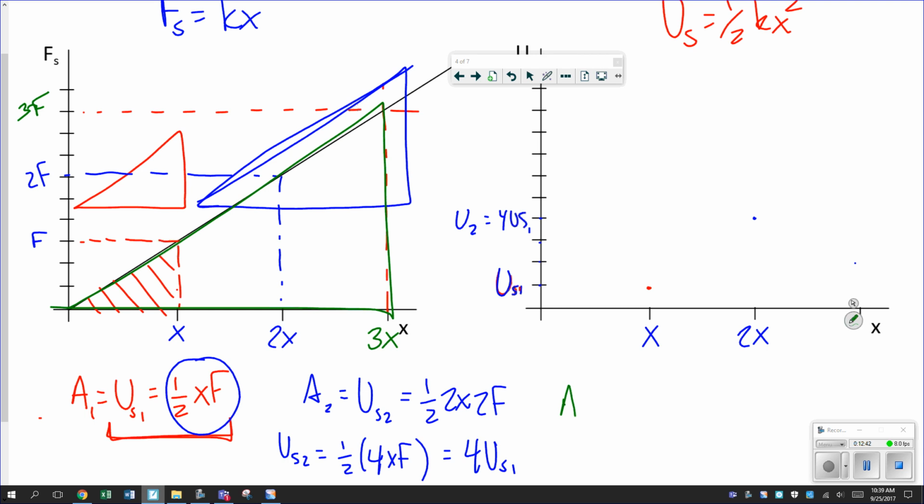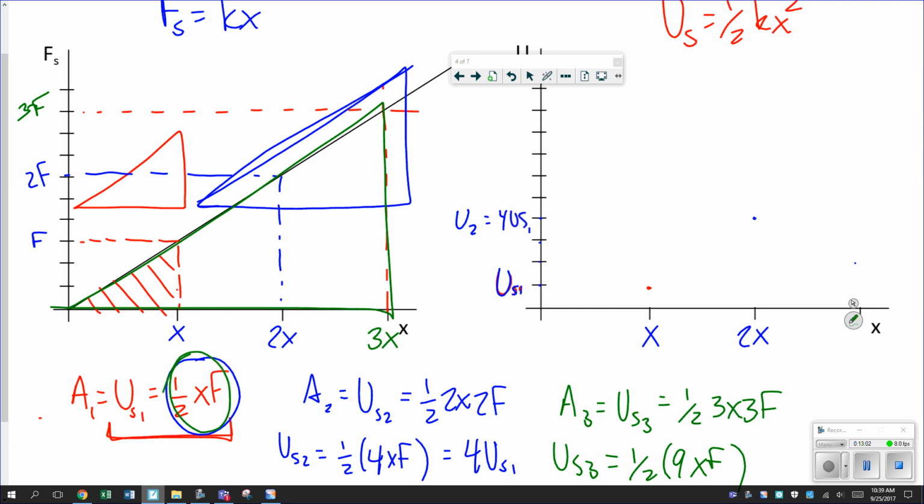The area of that triangle, A3, is U spring 3, which is 1/2 times 3X times 3F. Or U spring 3 is 1/2 of 9XF. Or it's 9 times as big as that. And so 4, 5, 6, 7, 8, 9, here's U3, which is 9US1. And at 3X, we get 9 times the energy.